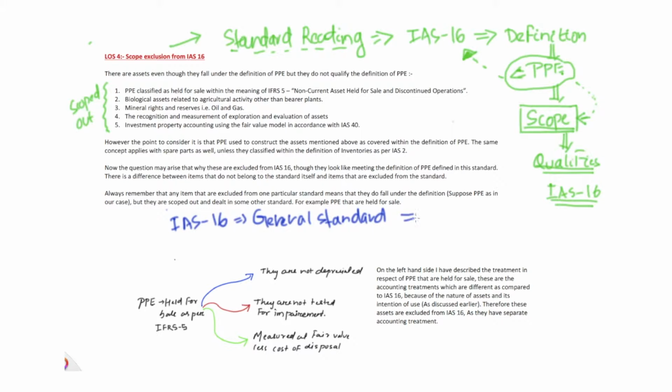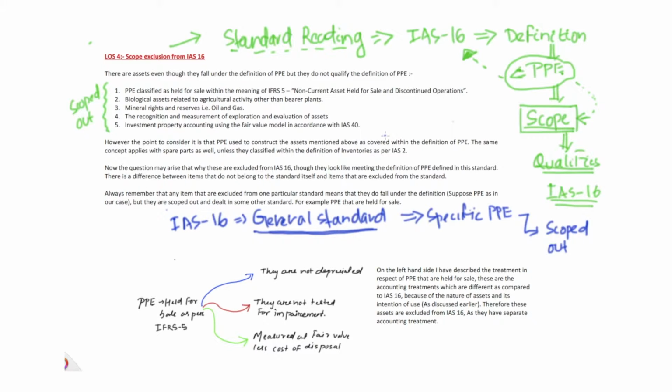If there come any specific cases in respect of PP&E where the accounting treatment should be different from the general standard, then in such a case these assets are scoped out from IAS 16 and dealt with by some other specific standard.